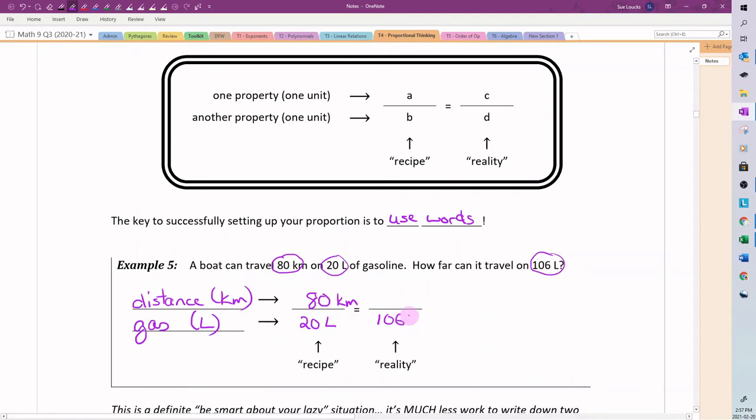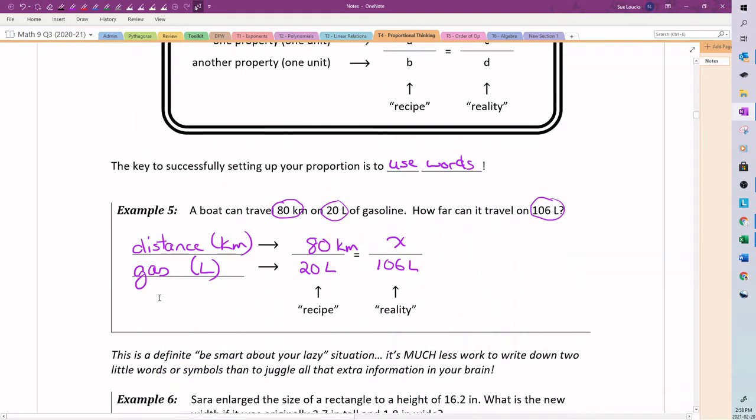I'm asked to find how far it can travel. Can you see how much easier that was because I wrote these words? Or I might just put a D and a G. This is definitely a be smart about your laziness situation. It's so much easier if you just write it down, I promise you.